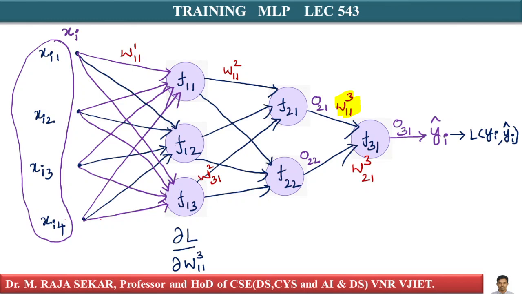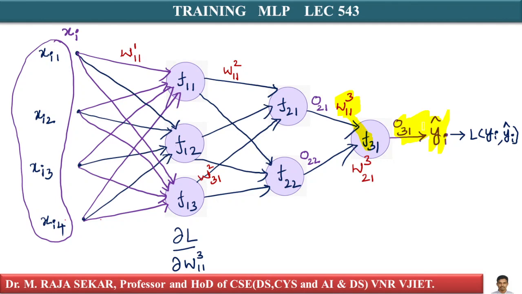Now see, W311 goes into F31. Just see, W31 is going into F31 and gives what output? It gives output O31. This O31 is nothing but yi cap. O31 and yi cap are the same, isn't it?